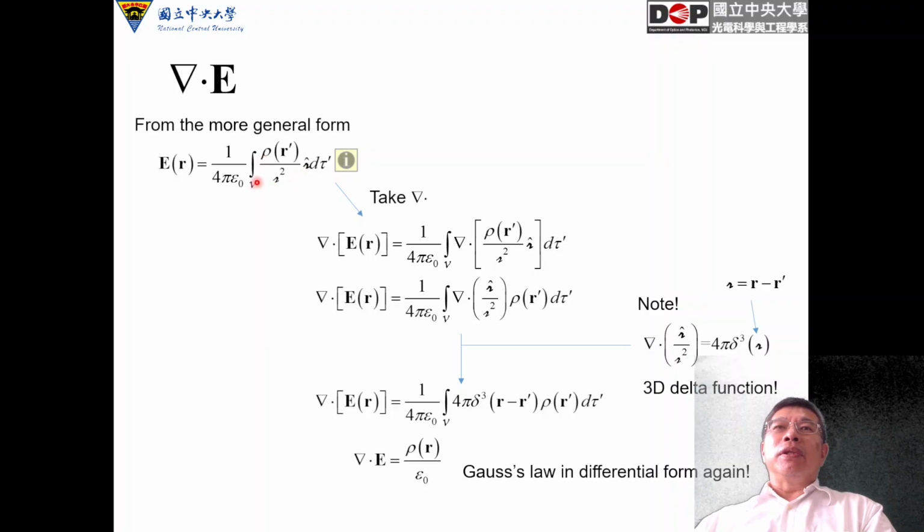Sorry, this should be V prime, so I'll fix it later. So V prime, this is the charge density we are concerned with. The electric field at the observation point is something like this.